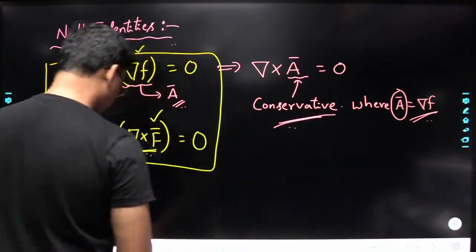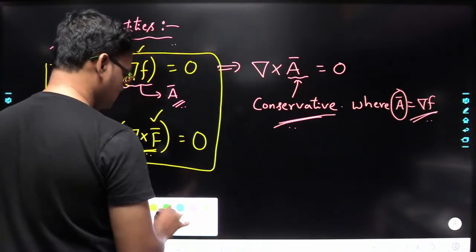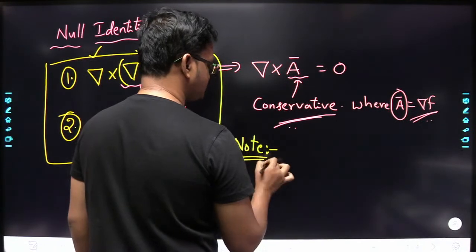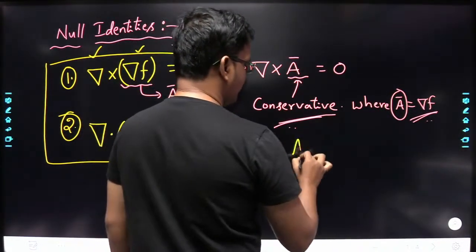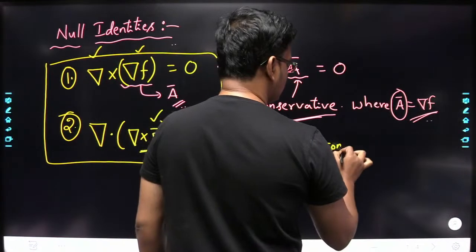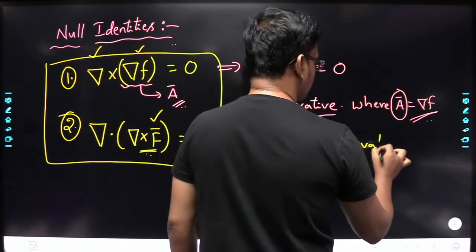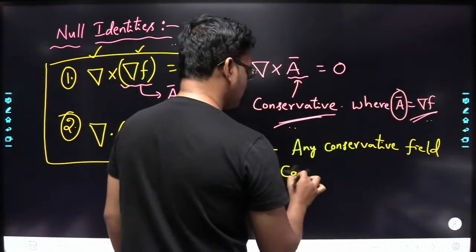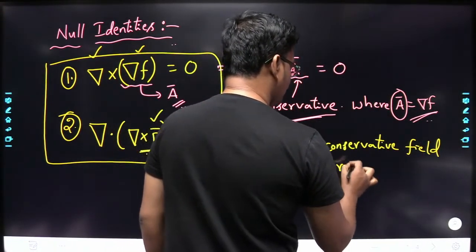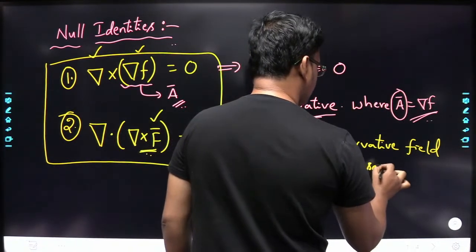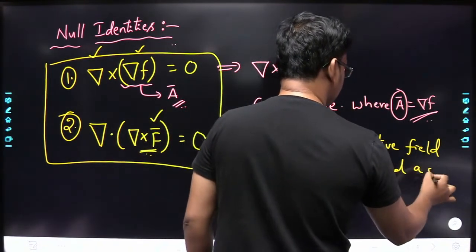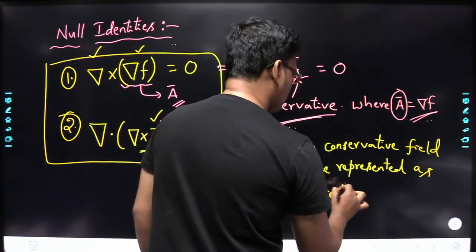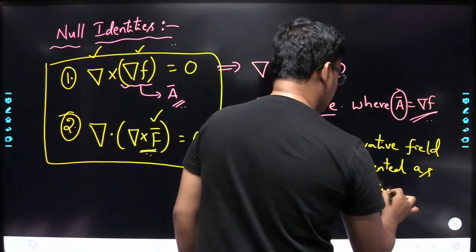Make down a note here. This note is very important. Any conservative field can be represented as gradient of some scalar field.